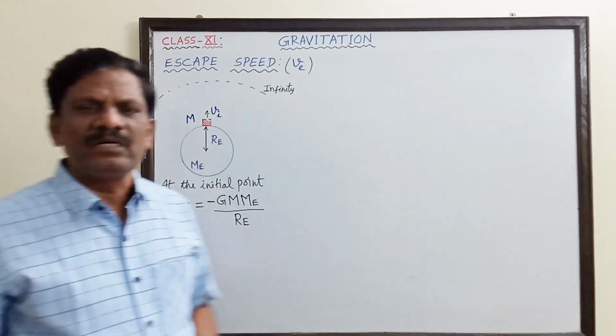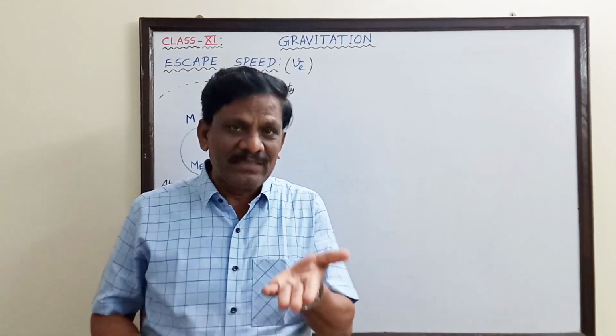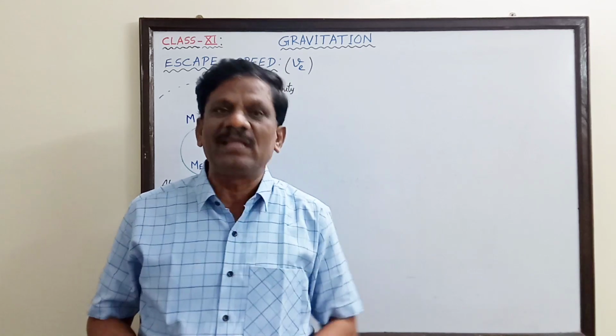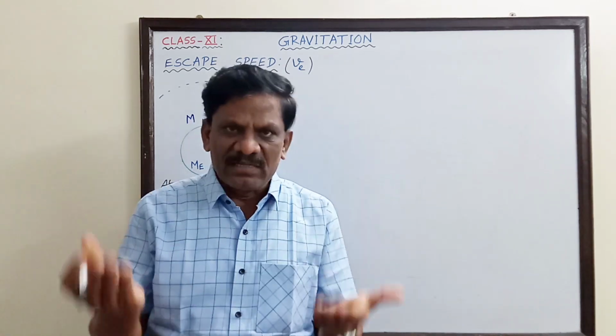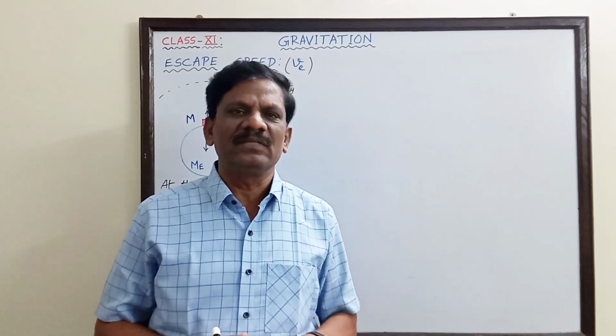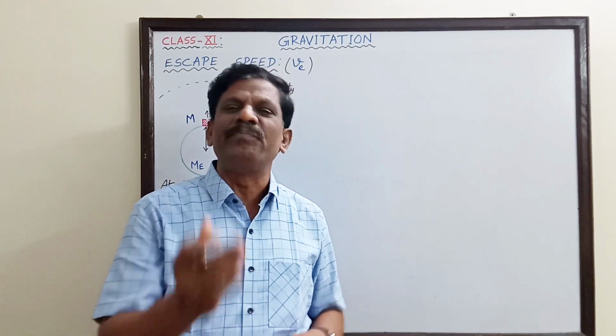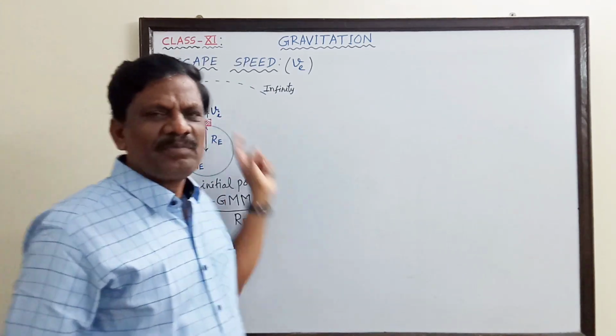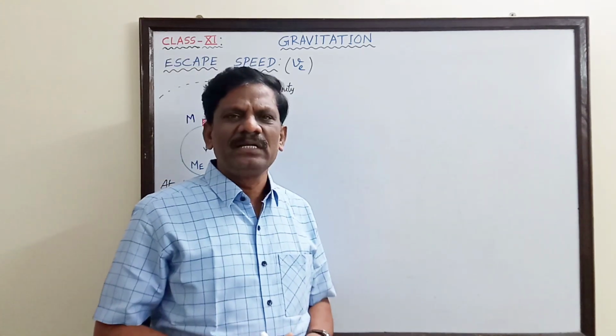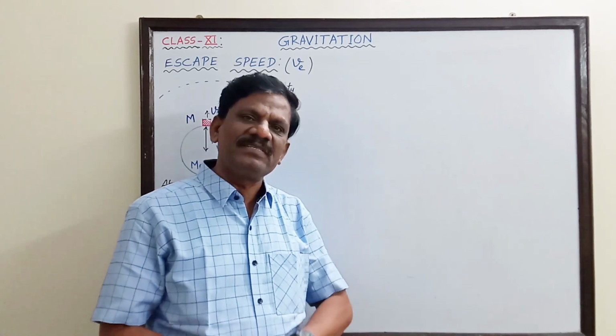Now what next? With what velocity am I going to project this body upward? That is the initial velocity which has to be imparted to the body, and that is also equal to what? The escape velocity. So the initial velocity imparted at the surface of the Earth, VI, must be 11,200 meters per second, I said.